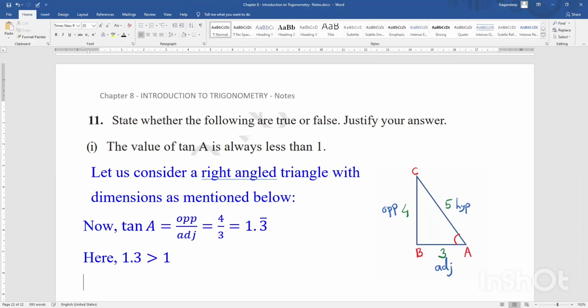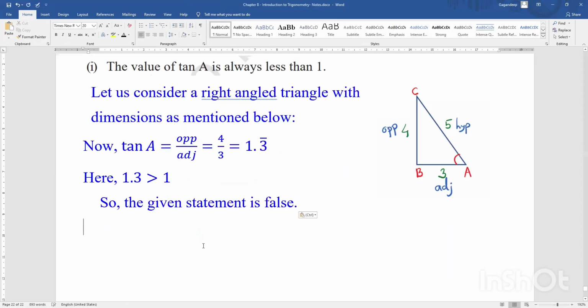Our statement says that the tan A value is always less than 1, but it is contradictory. We are getting a contradictory statement. So I can say that the given statement is false. So we can write like this: the given statement is false.